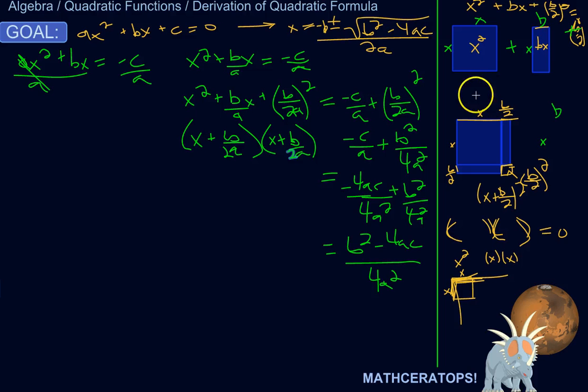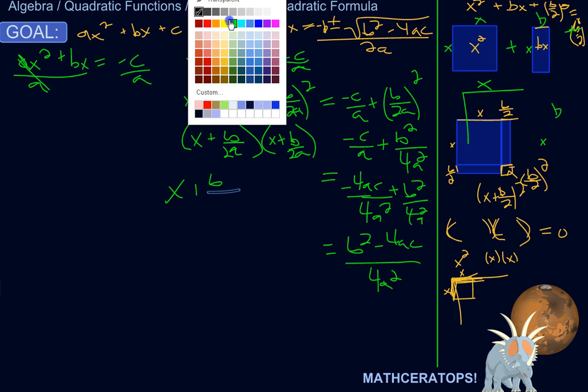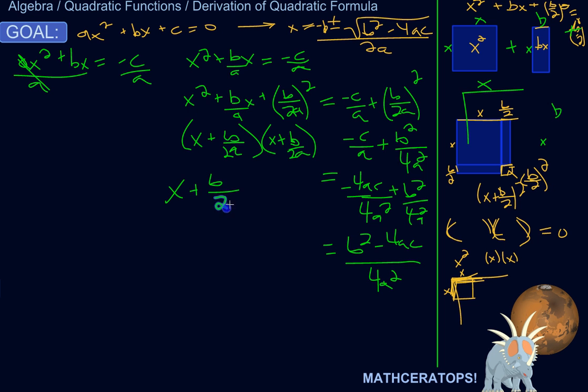In other words, our side lengths of the square would be x, and then we had b over a, but we cut it in two, so it's b over 2a. So we could rewrite that as x plus b over 2a, squared, equals b squared minus 4ac over 4a squared.